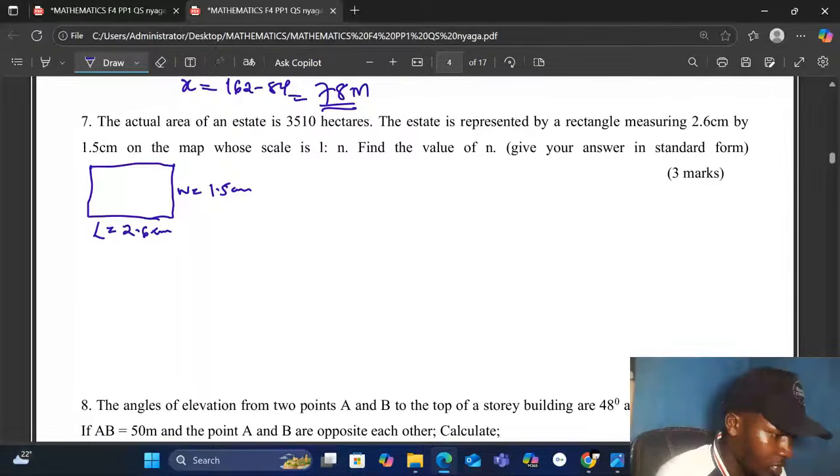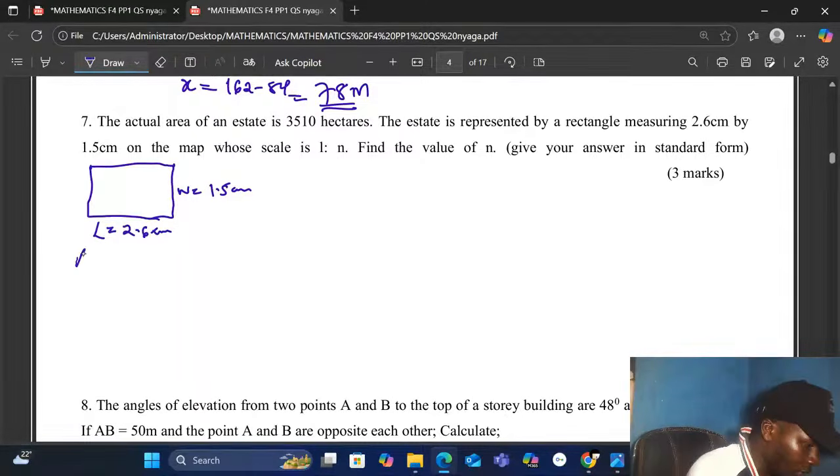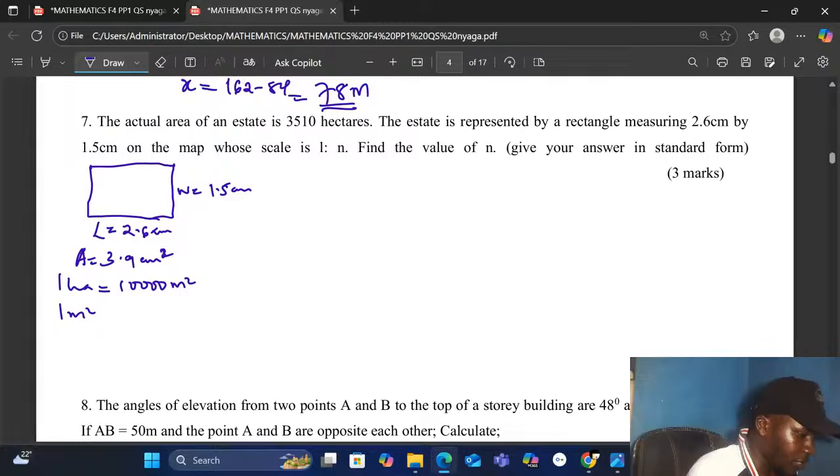And now the map area is 9 square centimeters. And we know that 1 hectare is equal to 10,000 square meters, and one hectare is equal to 10,000 square meters.